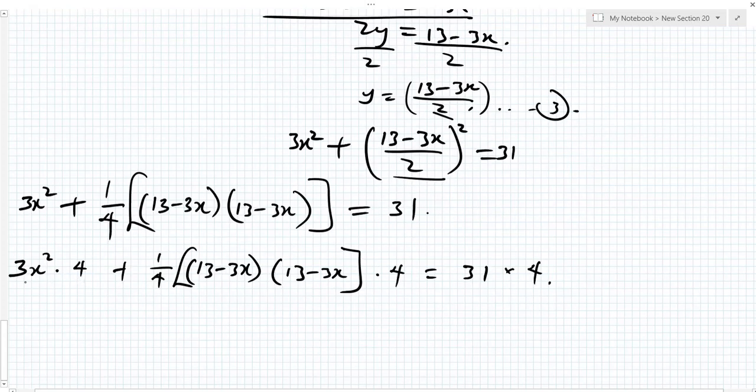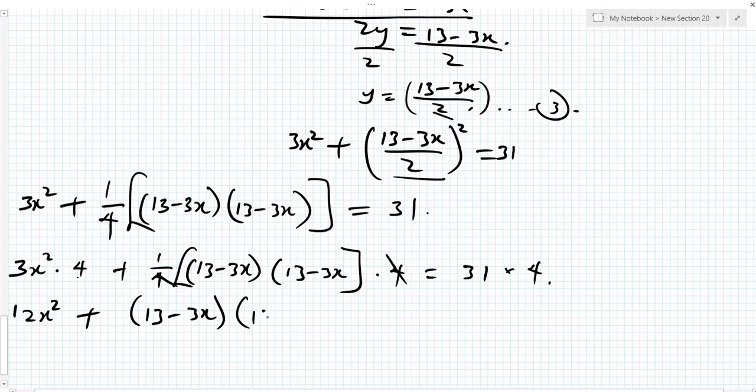So 3 times 4 is 12x squared plus this 4 will cancel out this 4. We're left with 13 minus 3x times 13 minus 3x equal to 124.